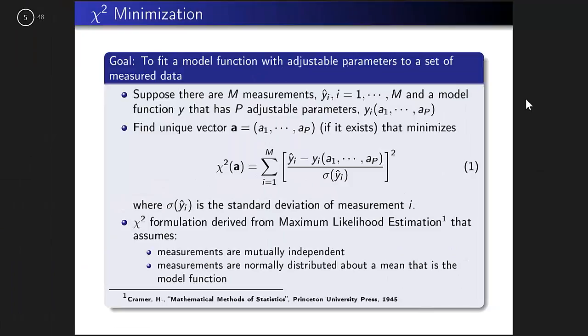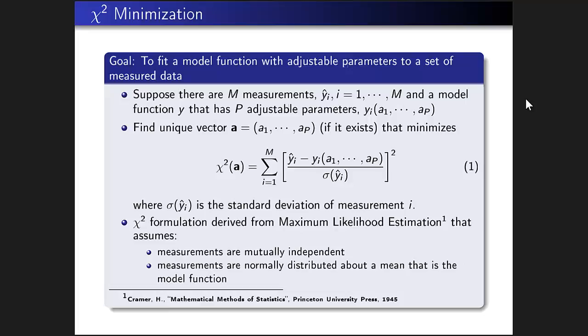So in the chi-squared minimization, the goal is to fit a model function, like SDA or Monte Carlo, all those different kinds of solution, with adjustable parameters to a set of measured data. So suppose you have M measurements, and I identify them with a little y hat, so 1 through M of these measurements. And a model function, it's a y without the hat, with P adjustable parameters. So those are your optical properties or whatever characteristics you're looking for.